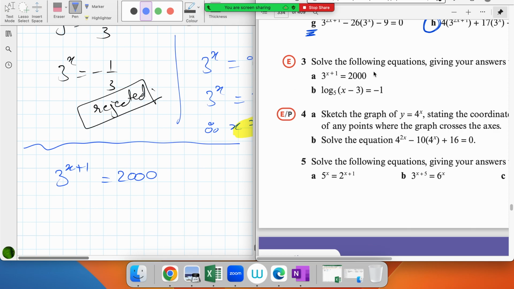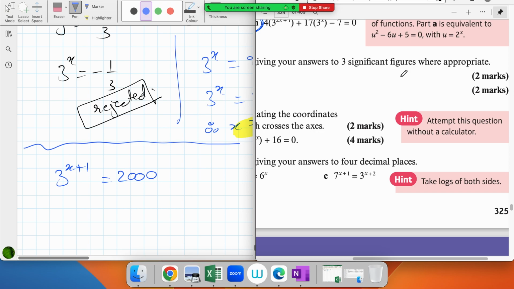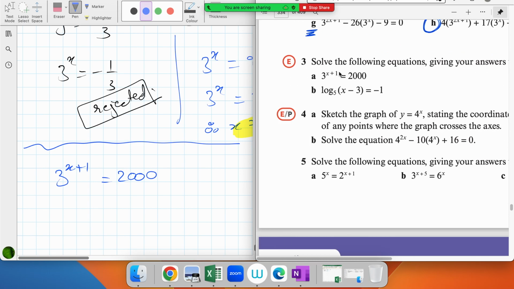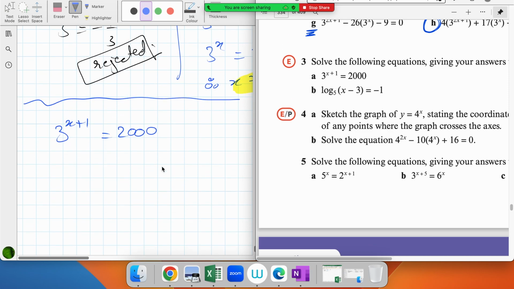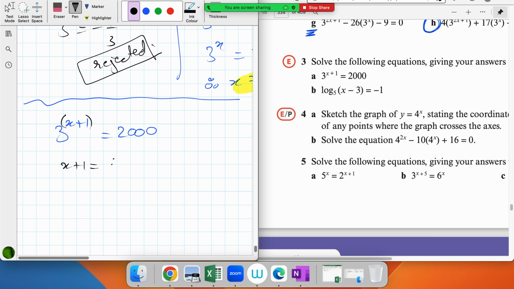Question number 3 says, solve the following equation giving your answers to 3 significant figures. When I see such things, I get happy because this cannot be done without a calculator. And having a calculator alongside makes the question easy. Now this is 3 raised to x plus 1 and there is 2000. So I'm applying log. Bringing this power down, x plus 1 is equal to log of 2000 to base 3.